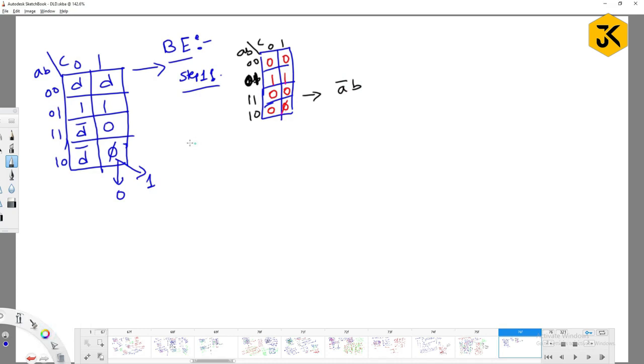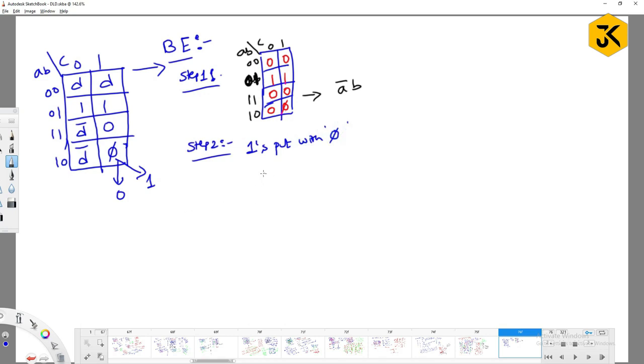In the second step, in place of ones, put the pi symbol. Pi symbol means don't care.